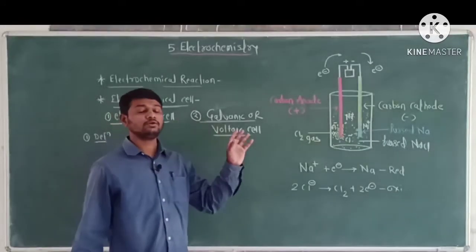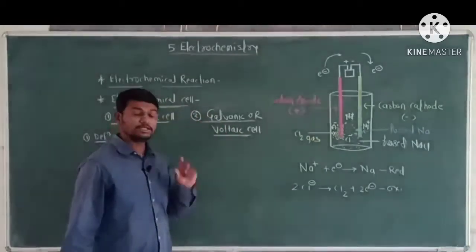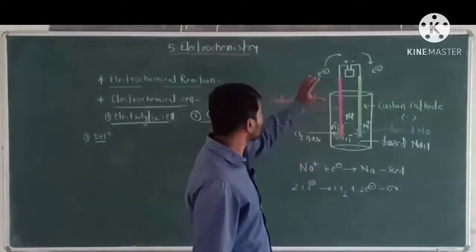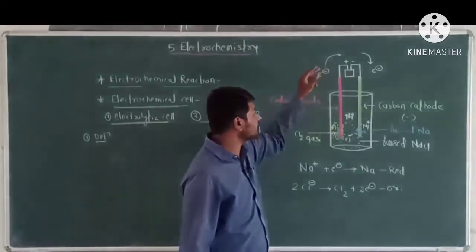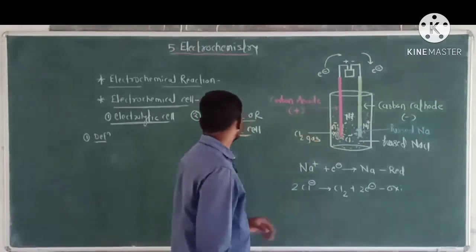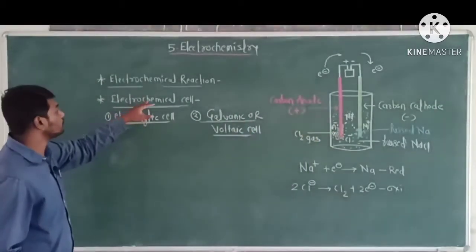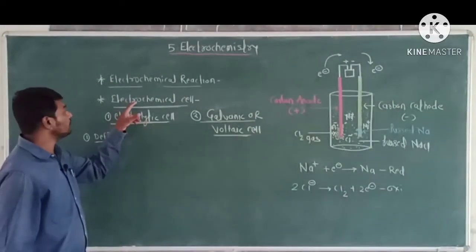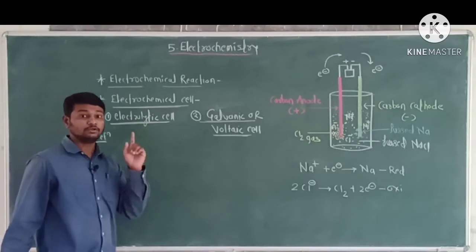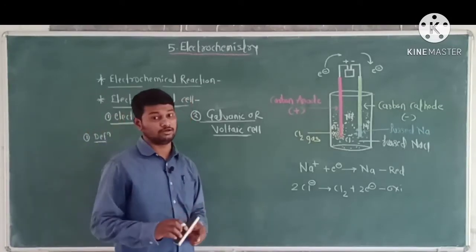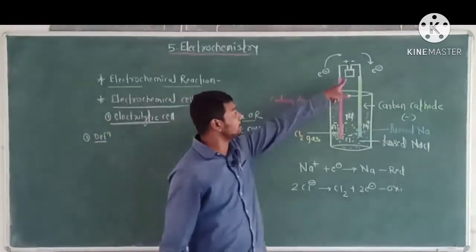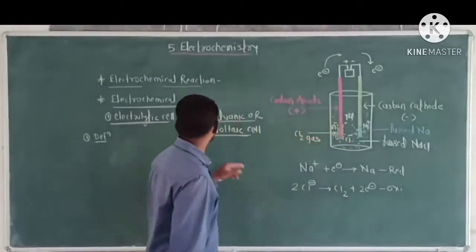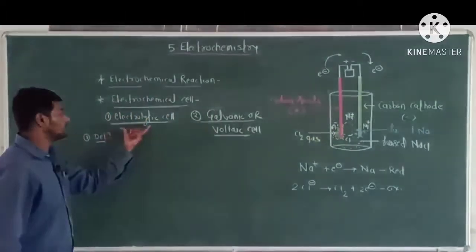The electrochemical cell in which a non-spontaneous chemical reaction occurs due to the direct passing of current from an external source into the solution, such a type of electrochemical cell is called an electrolytic cell.